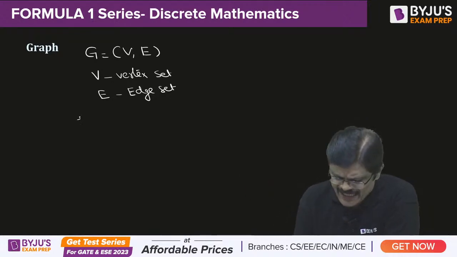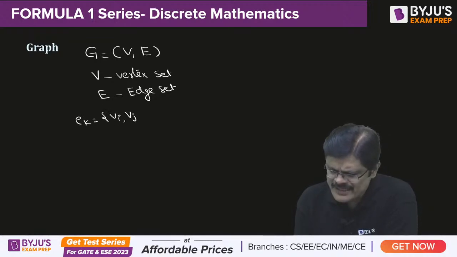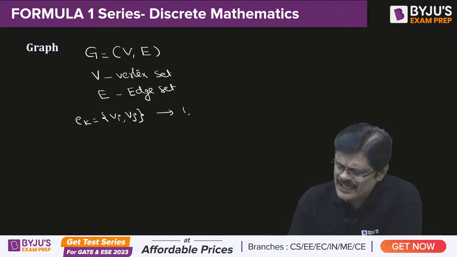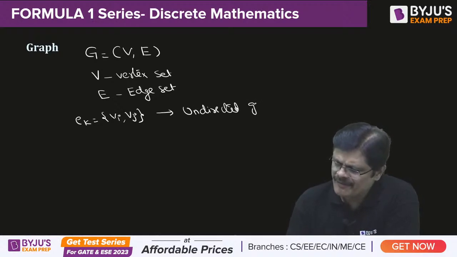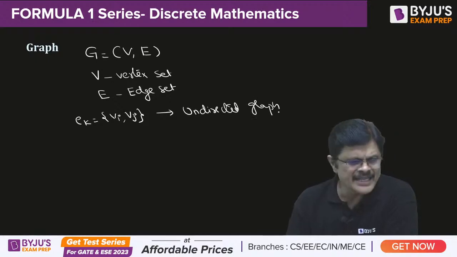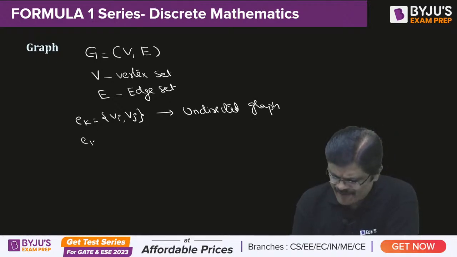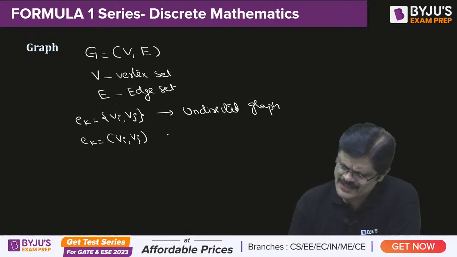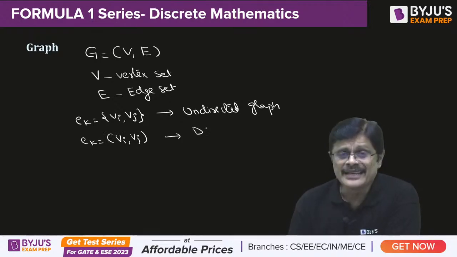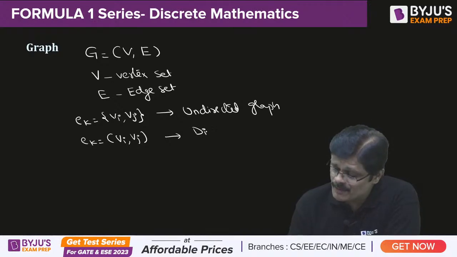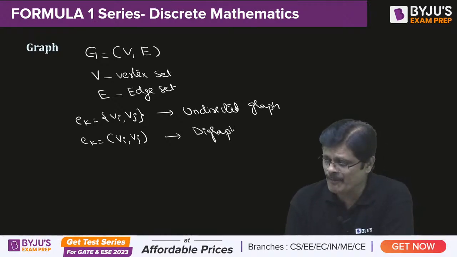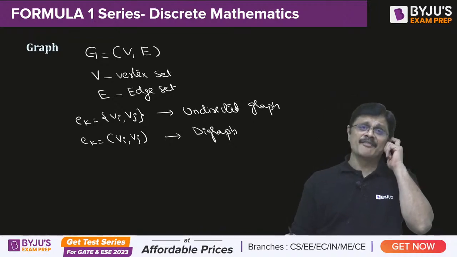If each edge is identified with an unordered pair of vertices, then you call it an undirected graph. And if each edge is identified with an ordered pair of vertices, then you call it a directed graph, or simply digraph, my dear friends.